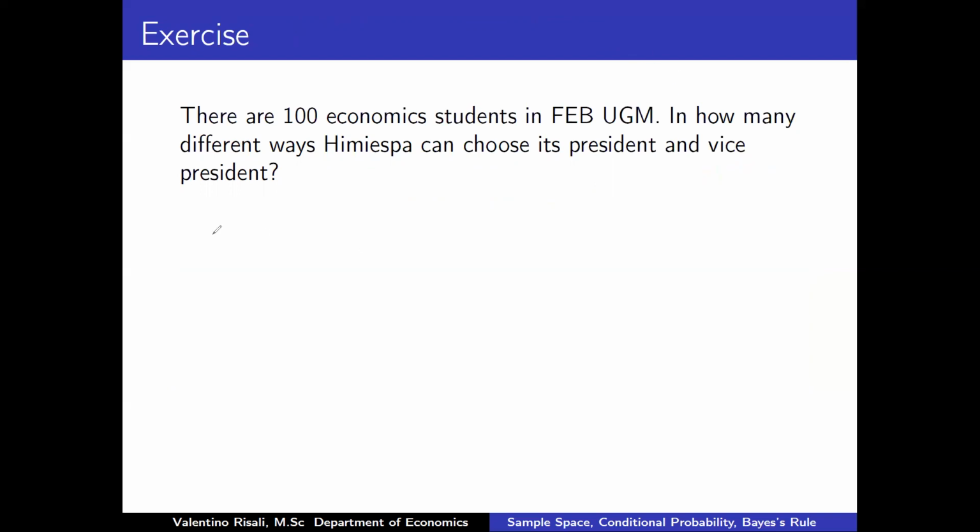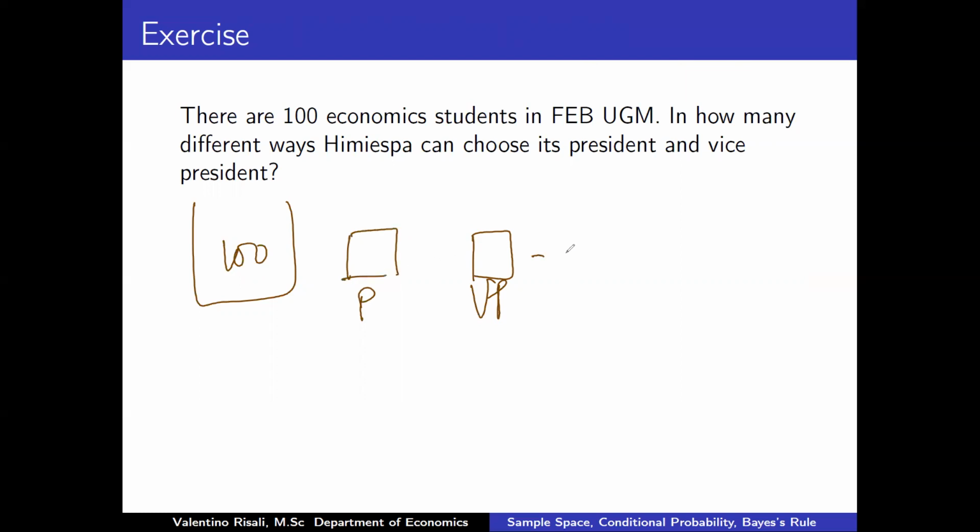How many different ways can the MESPA choose its president and vice president? This is the symbol for president, and this is for VP or vice president. We take them from the economics students. How many?